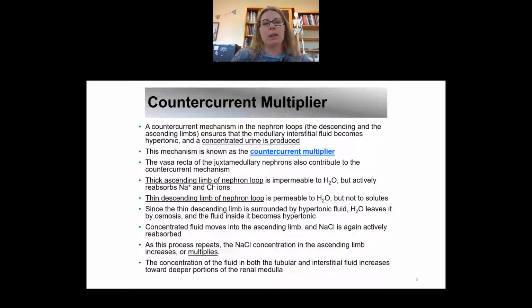So there's less urine being created. Okay, I'm not going to talk a lot about the countercurrent multiplier, but basically it is going to help with concentrating the urine and getting as little water out as possible and getting as many ions and excess substances out of the body. Okay, and so just think of the countercurrent multiplier as a way to concentrate the urine.